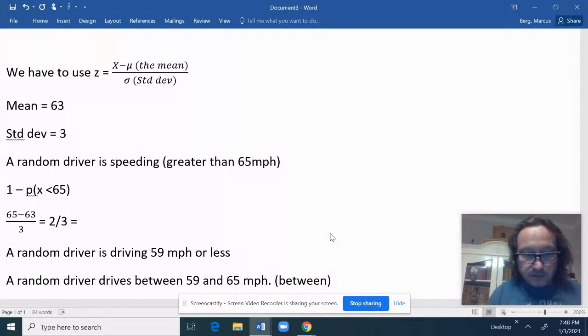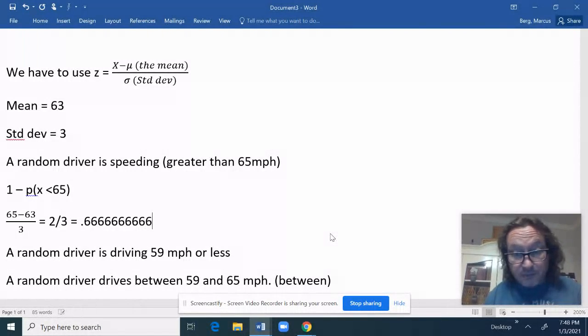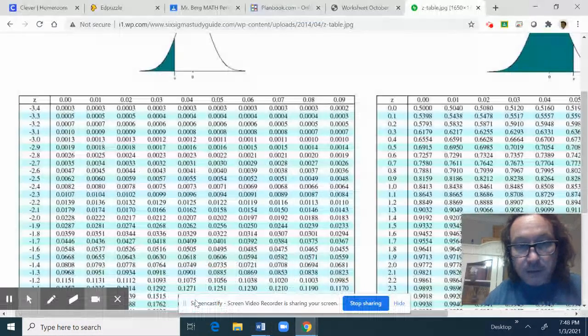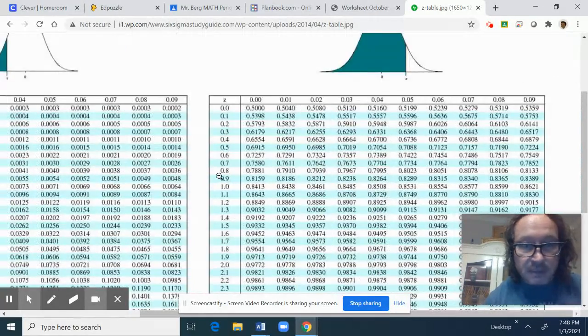That's 0.6666666, but that's an evil number, so we'll just go to 0.67. We round that up. I'm going to take a look at the z chart. I want a positive, so this left side's out.